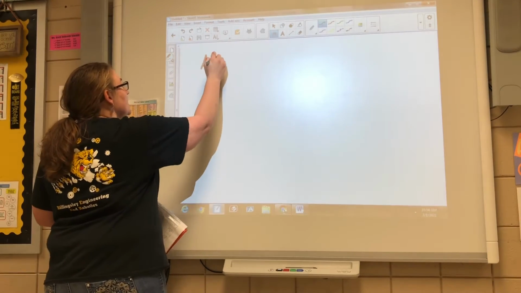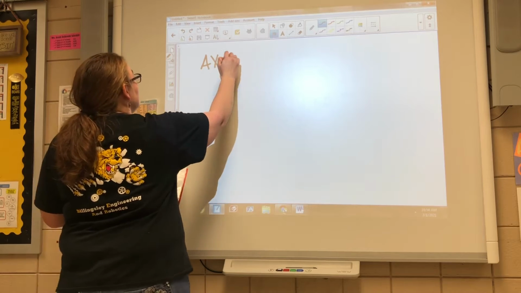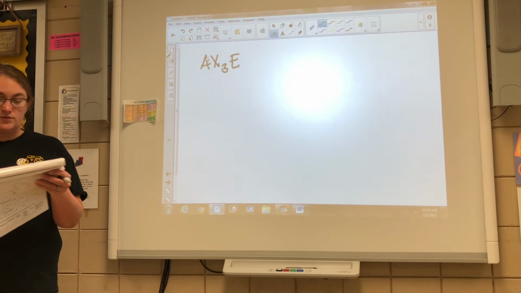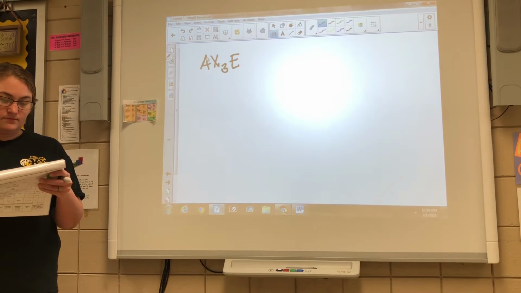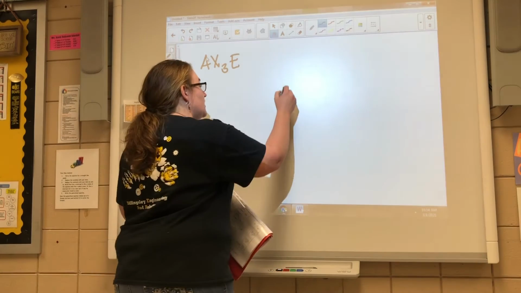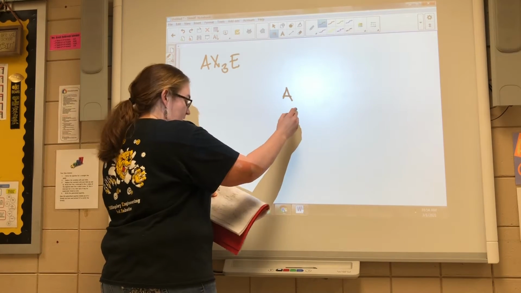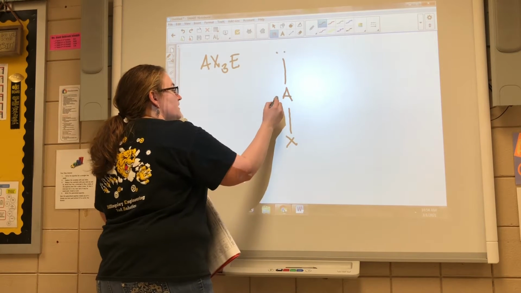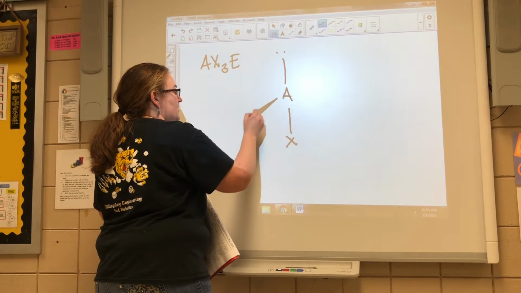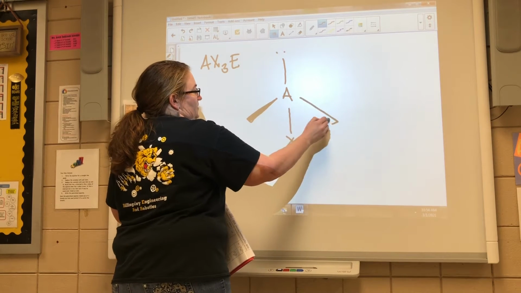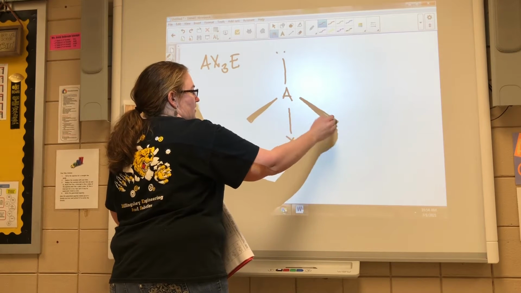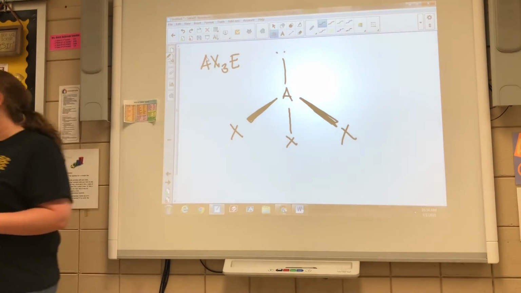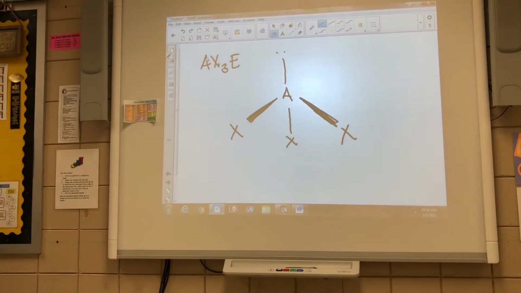So if you look at AX3E, it's all the same shape, you're just replacing with electrons where you had X's. So you're going to have an A, and you have an X down here. You have electrons here. We're going to do those wedges again to show that it's coming at us, because it's not really a cross shape, and if we do those straight lines, it's going to be kind of a cross shape. This is going to be an X, and this is going to be X. So you have your AX3 with your 2 electrons.